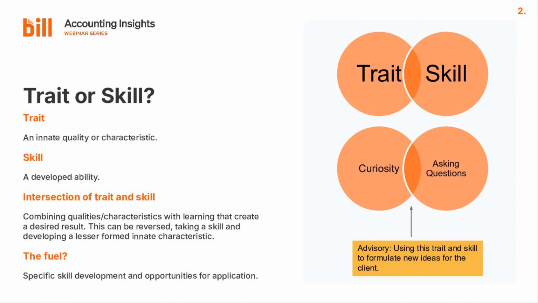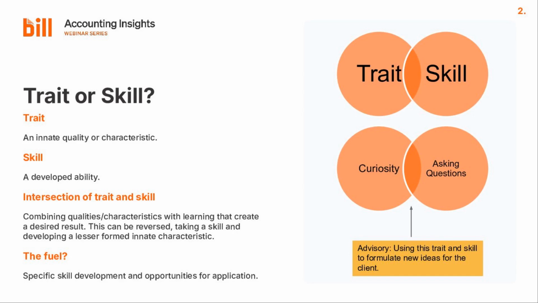It's something that we maybe don't know, or that we have a limited ability to perform, and we develop that ability over time. That ability can be developed through learning programs, through coaching, or through working with a client. So it's a developed ability over time.